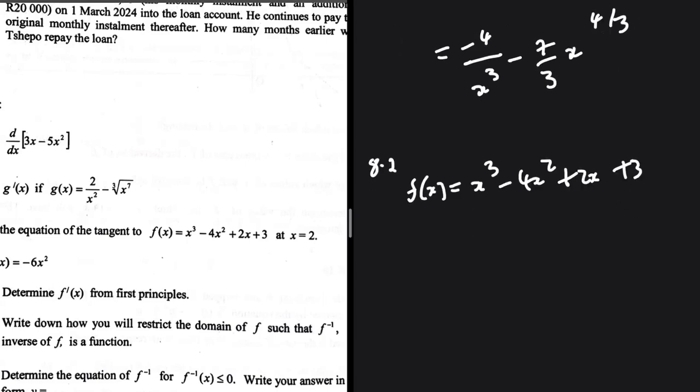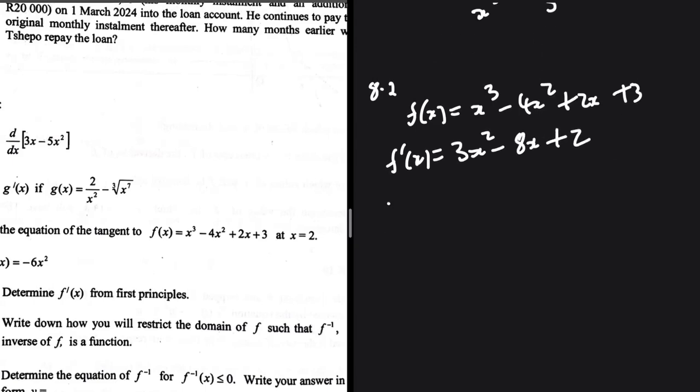And then 8.2, determine the equation of the tangent to f of x at x equals 2. So f of x equals x to the power 3 minus 4x squared plus 2x plus 3. When we differentiate this, we are going to have 3x squared minus 8x plus 2.